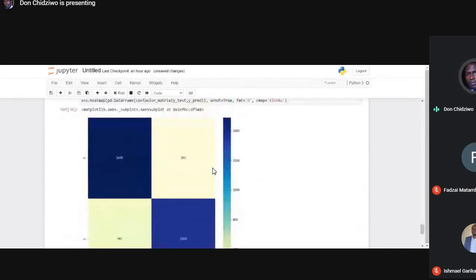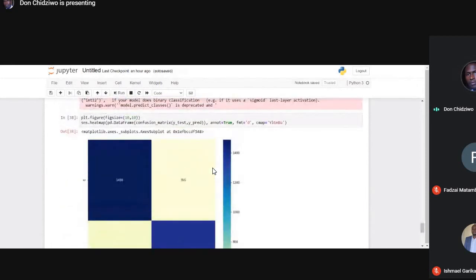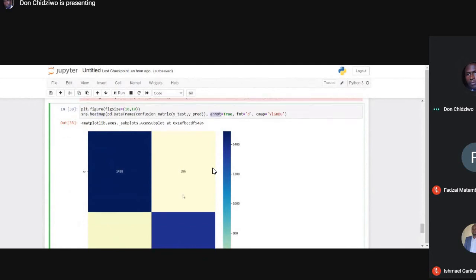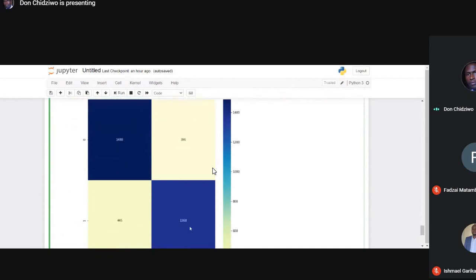So 77 on our first attempt. This is the last line. I used the confusion matrix, converted it to a pandas data frame, then plotted a Seaborn heat map. I put annotate equals true inside the heat map so that it gives me the actual figures.